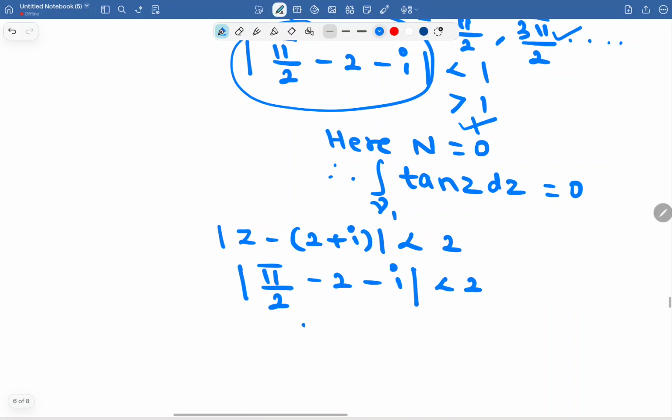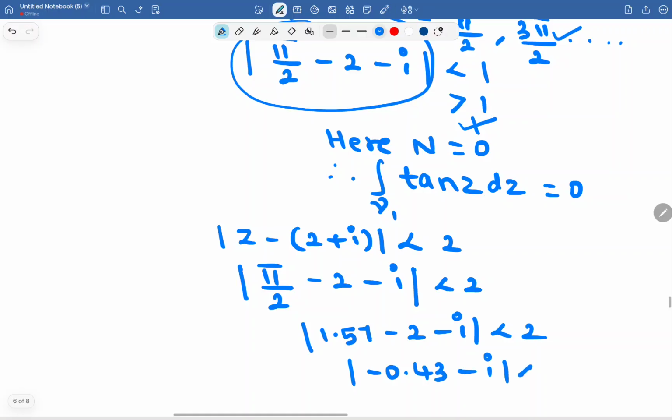What is pi by 2? Modulus of 1.57 minus 2 minus i, which is modulus of minus 0.43 minus i, which is less than 2. Obviously this value is less than 2.